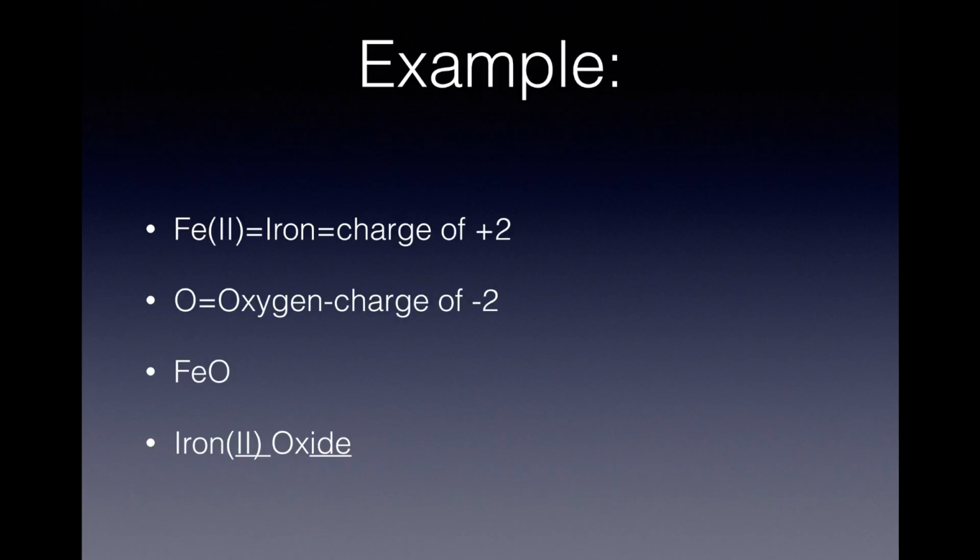And oxygen has a charge of negative 2, so iron with a charge of 2 and oxygen balance out equally, 2 positive, 2 negative, making the formula FeO. This would be named iron(II) oxide, because we're using the one with a charge of 2, with the change to IDE because it's a non-metal, making us change the ending.